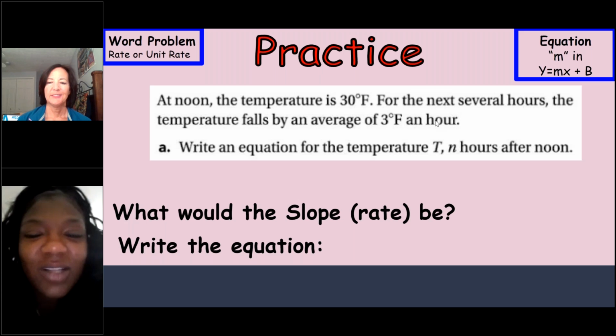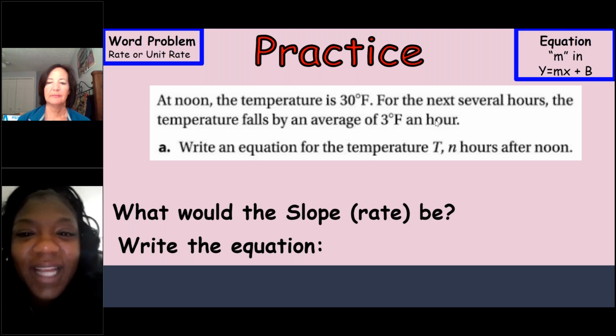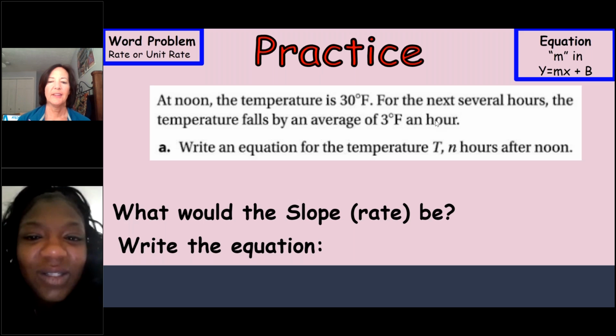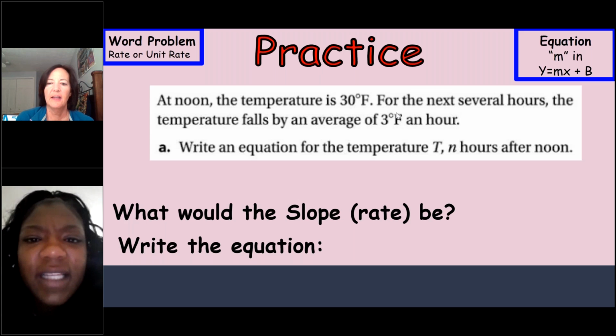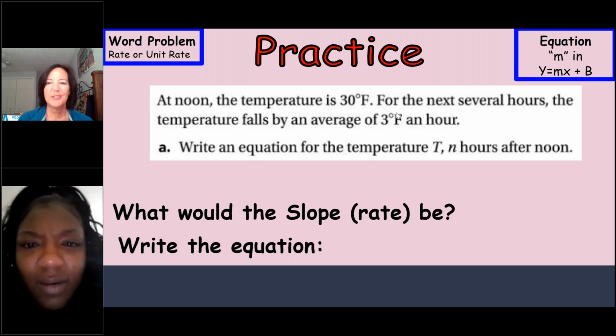So, is it for the next several hours? Nope. You said 3, and that's close. But if it changes by 3 degrees an hour, that means it keeps getting bigger and bigger and bigger. Is that what's happening here? It says the temperature falls, so it's going down.